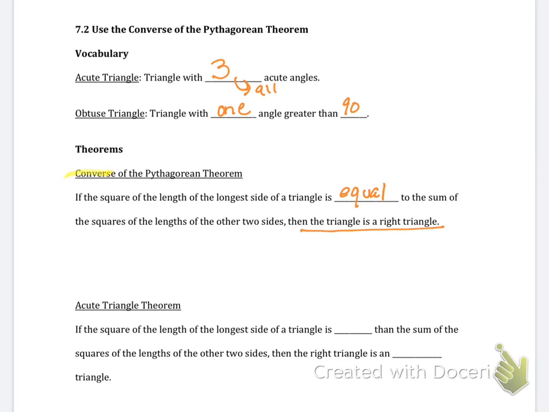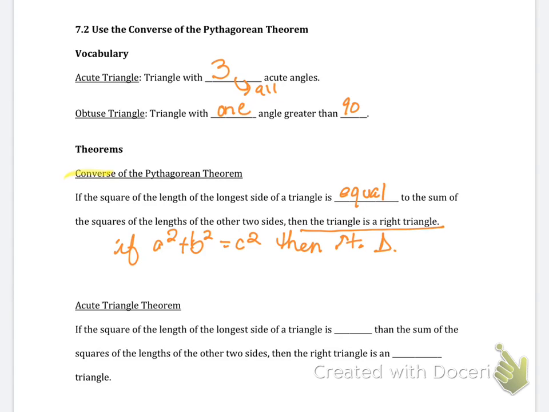So rather than me telling you it's a right triangle and you using the Pythagorean theorem, you're going to use the Pythagorean theorem to tell me if it is. Okay, so if a squared plus b squared equals c squared, then it's a right triangle.